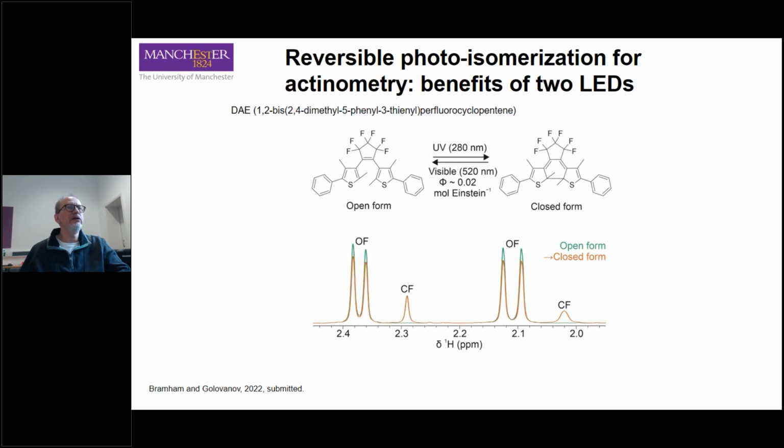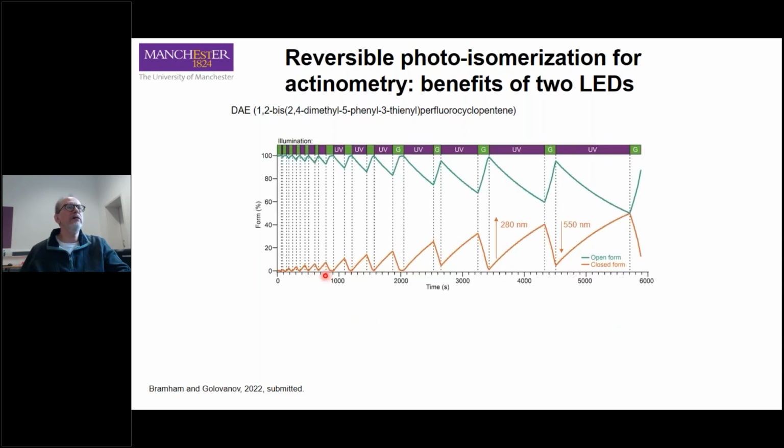And here we can easily toggle between UV and visible illumination, visible with green light, while monitoring the kinetics of all these transitions. And you see with each prolonged UV illumination, we set increasing concentrations of this closed form.